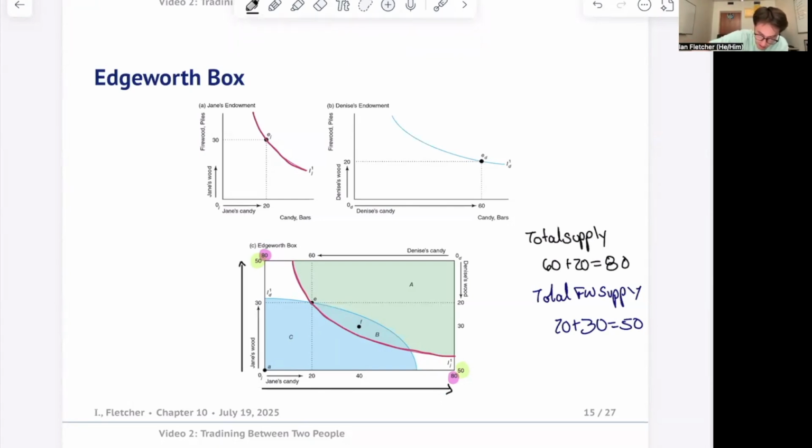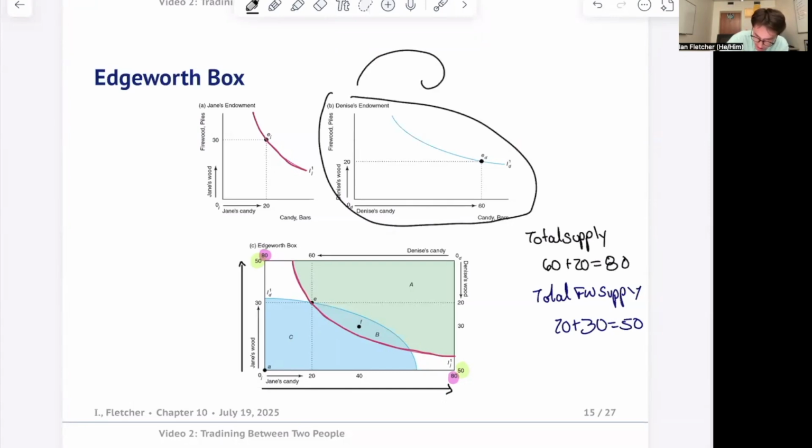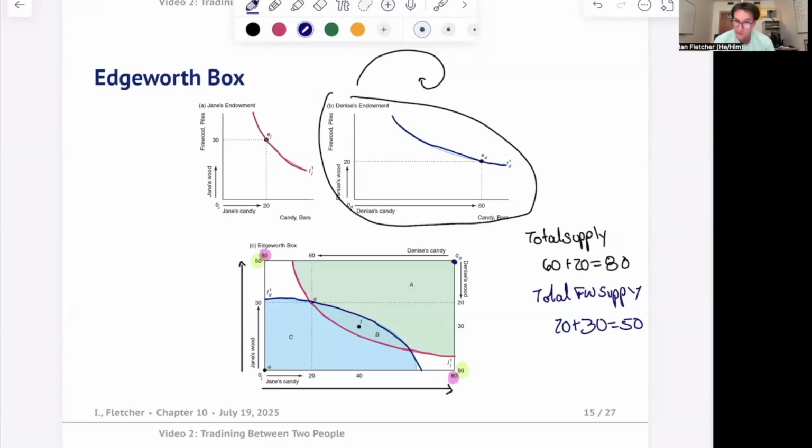Imagine we could take this and rotate it so that this indifference curve would match this indifference curve. For Denise, our indifference curve is still convex to her origin, and Jane's is also still convex. But now we've got these strategic interactions between these two that could matter a lot.